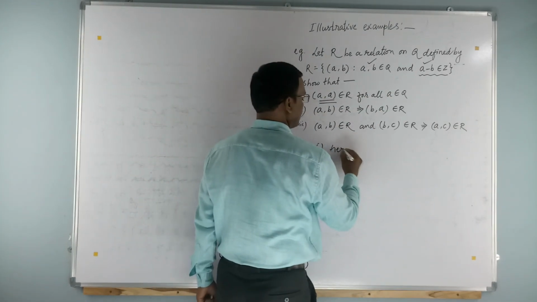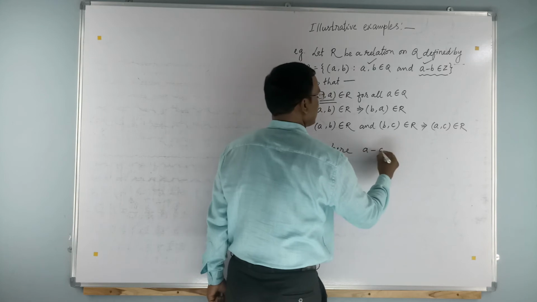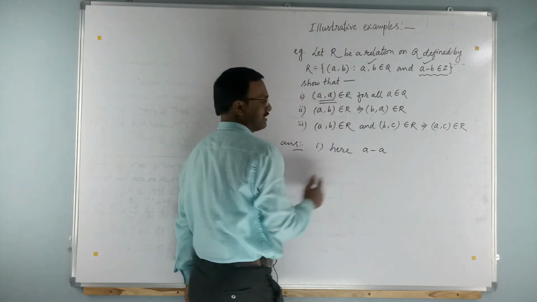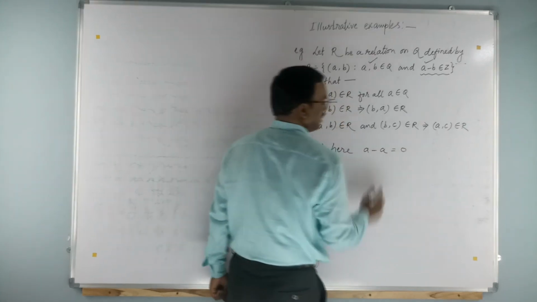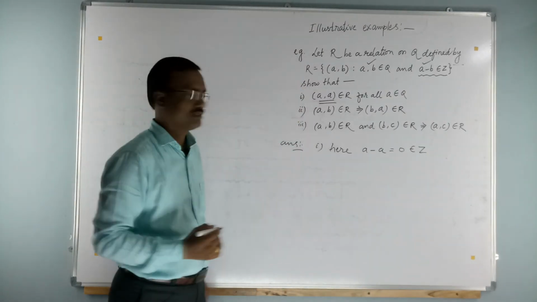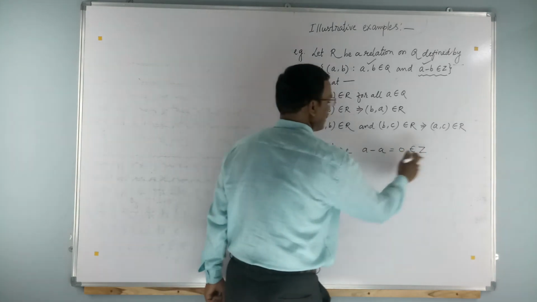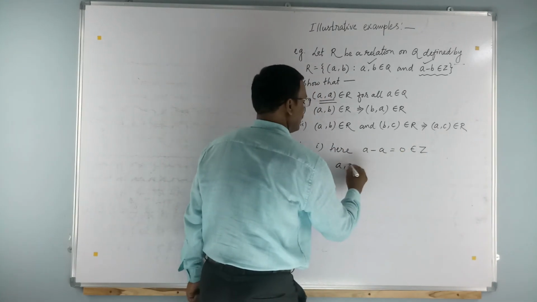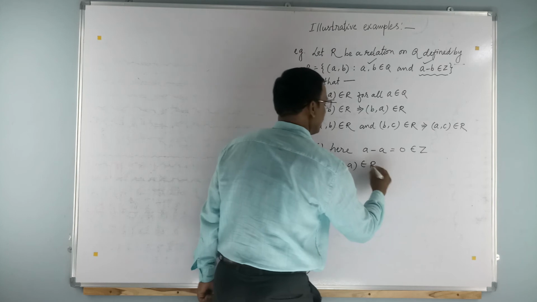Here a minus a, if we subtract these two elements, is 0, and definitely 0 is an integer, so 0 belongs to Z. So a minus a belongs to Z, and that's why (a, a) belongs to R.